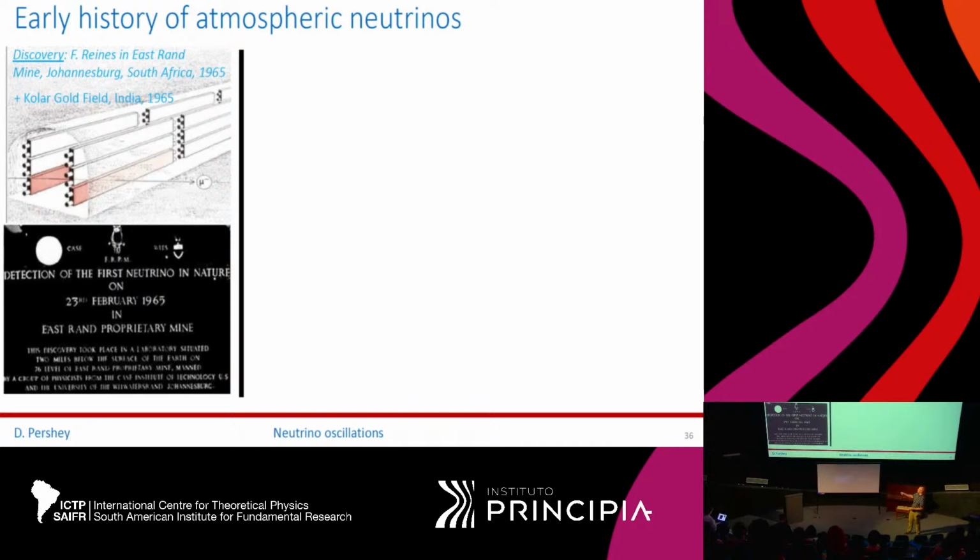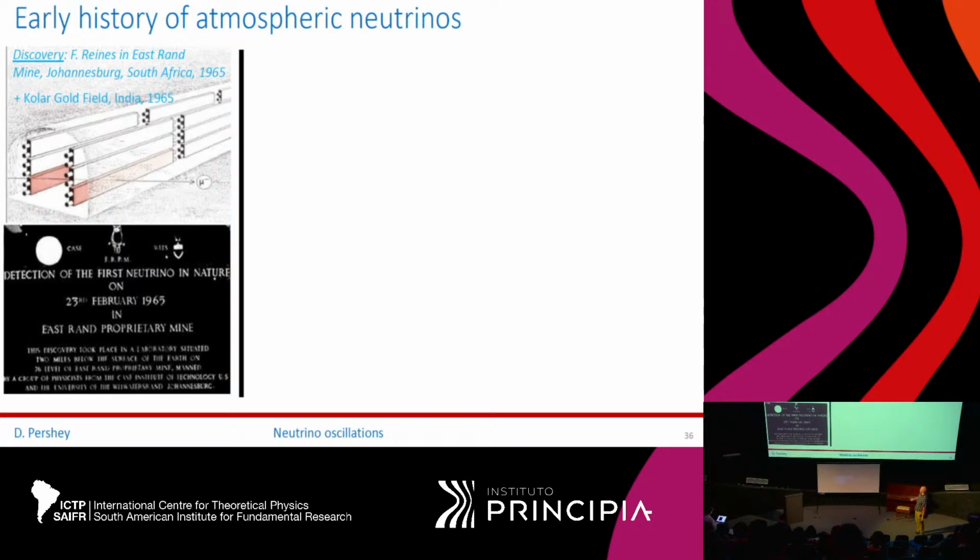They were looking at muons going through these two sets of scintillating panels at the same vertical position, and if you see two panels light up at the same time, you know you had a muon going horizontally. Atmospheric muons going horizontally would not have a chance to make it to this detector, but you can see muons from atmospheric neutrinos just fine. So this was how that was discovered.